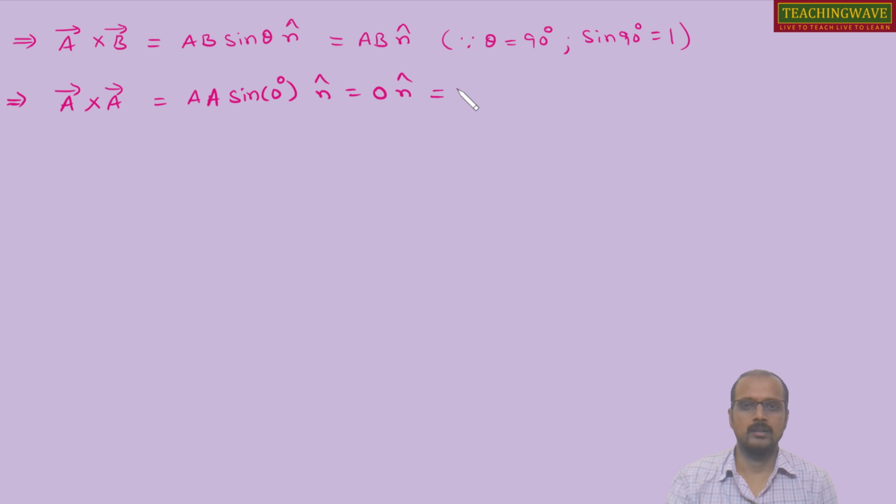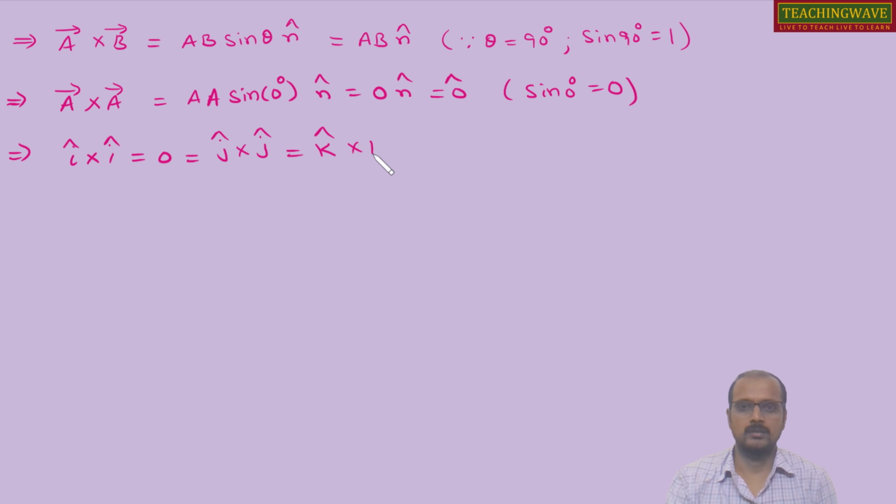This gives a null vector, because sine 0 is 0. Sine 0 degrees is equivalent to 0. Now come to the cross product between the same unit vectors or directional vectors. That means I cap cross I cap is 0, j cap cross j cap is also 0, and k cap cross k cap is 0.